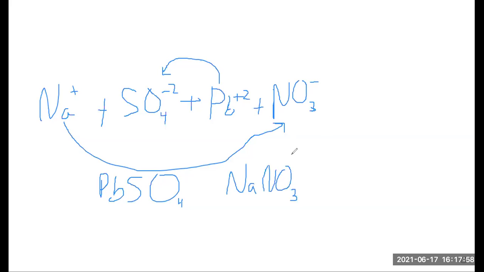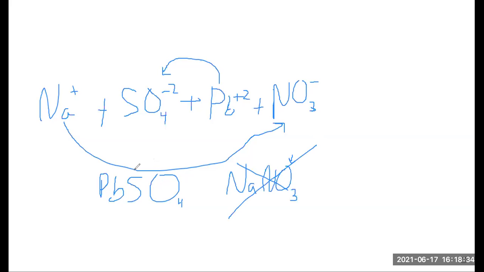You can look at the nitrate end and go, oh, well, it can't make a precipitate because it's got a nitrate in it. Or you can also eliminate this possibility by looking at the first end of it, which is where the sodium is. That's the second rule. Most sodiums, potassiums, and ammoniums are soluble. So for two different reasons, it can't be this one.